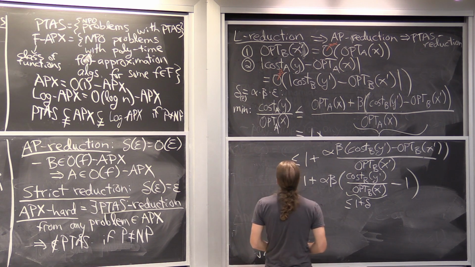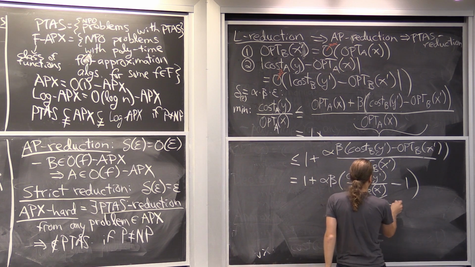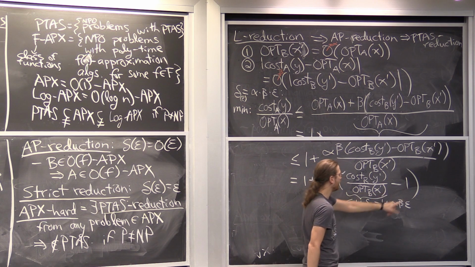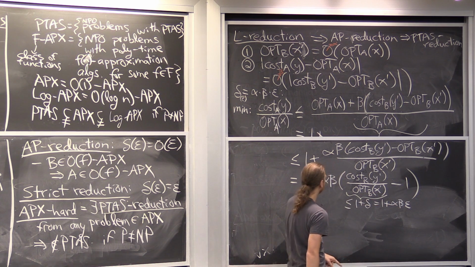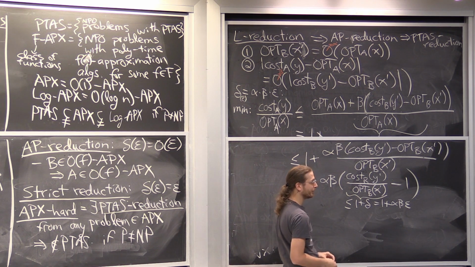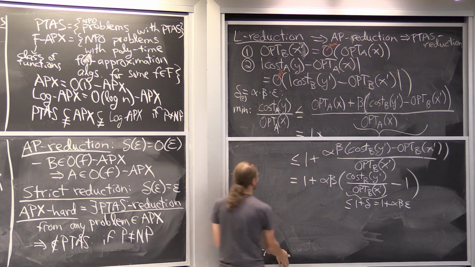And 1 plus delta is 1 plus alpha beta epsilon. So this 1 cancels with that 1. These alpha betas, oops. I think it's backwards. Which is backwards? The definition of delta? OK, whoops.